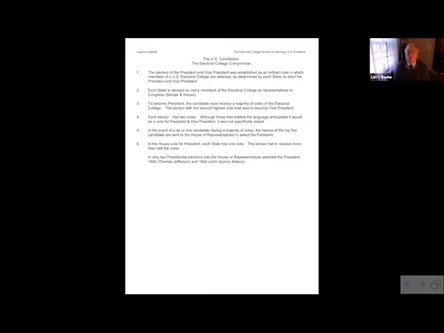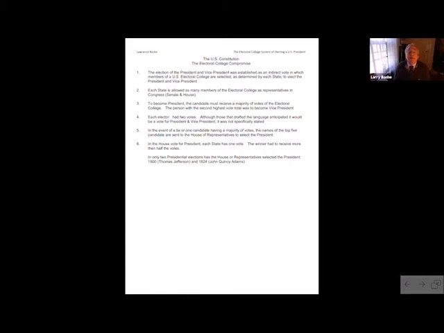So for instance, in the first election, Alexander Hamilton went around telling people, don't vote for John Adams, who was running as vice president with George Washington, who was running as president, because obviously, if everyone used their 2 votes for those 2 people, there'd be a tie, and then it goes into a whole other process of selecting the president. So they recognized almost immediately that it was badly drafted.